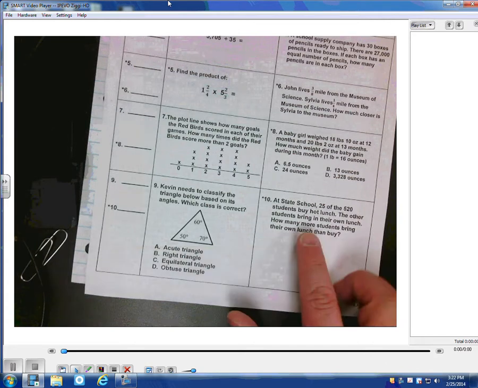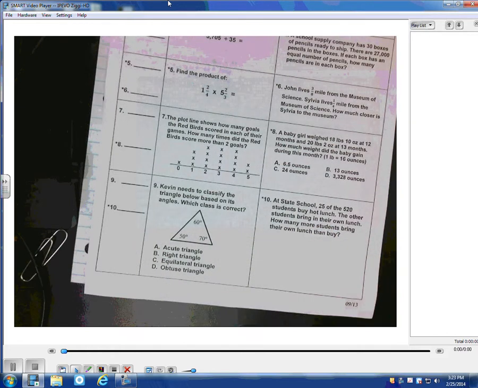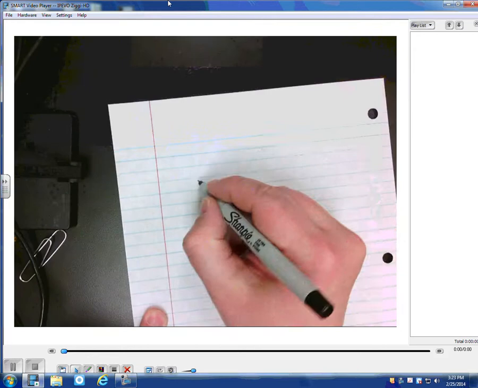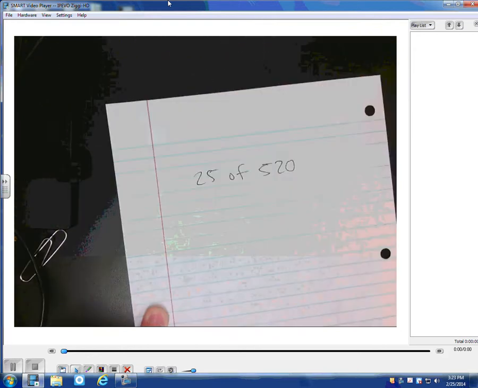And then the last question is, at State School, 25 of 520 students buy hot lunch. The other students bring in their own lunch. How many more students bring their lunch than buy? Okay, so we know that 25 of the 520 kids buy lunch.